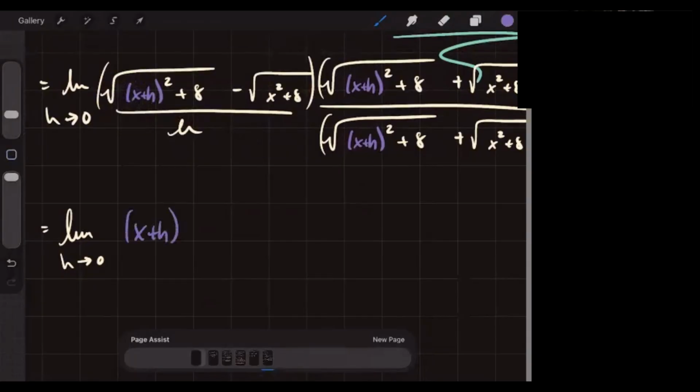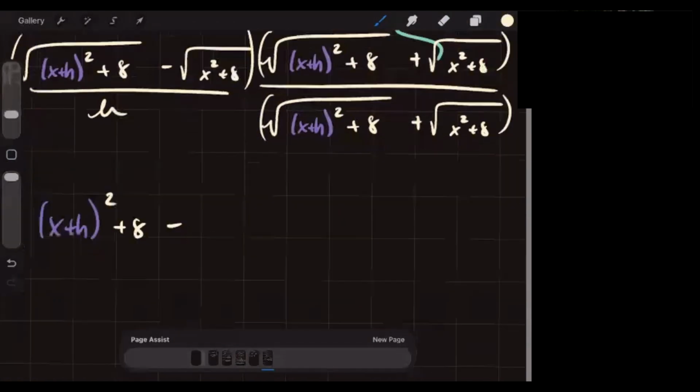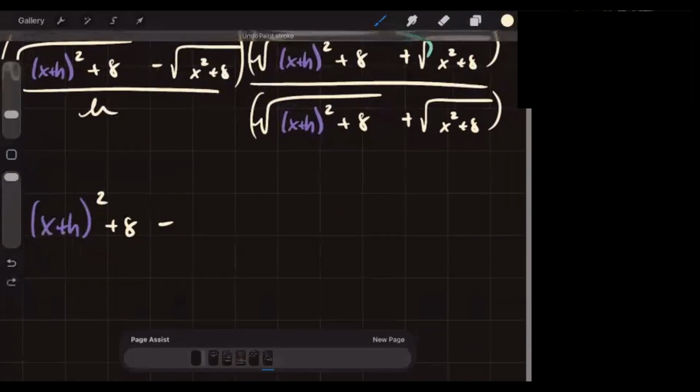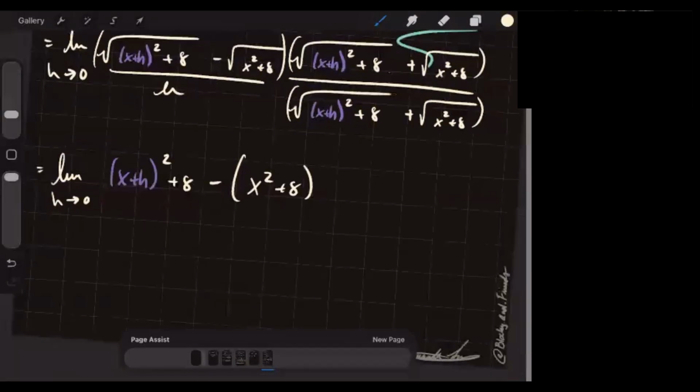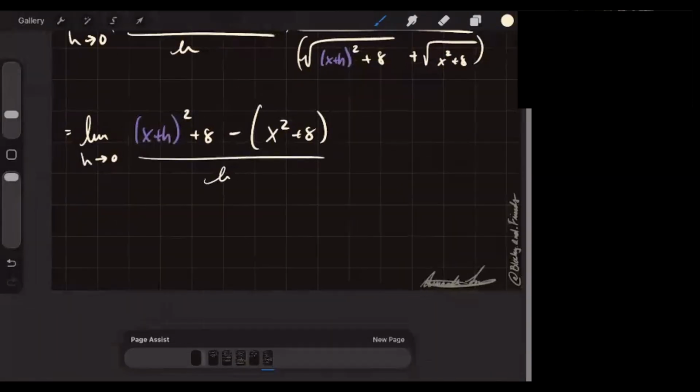That'll give you, let's see, (x plus h) squared plus 8 minus this whole thing squared, so parentheses x squared plus 8, all over h. Okay, important. This does not equal x squared plus h squared, okay?